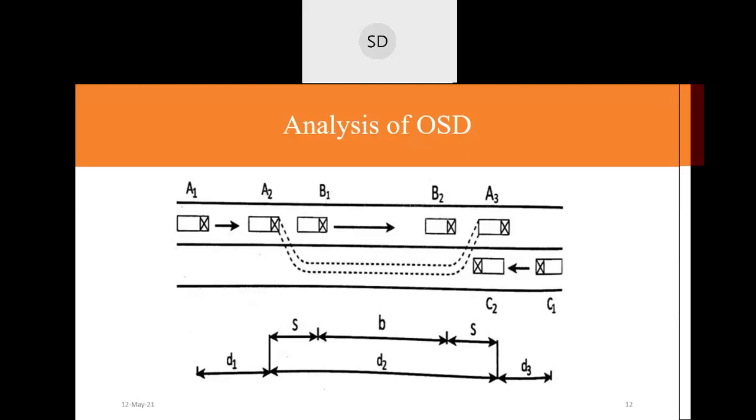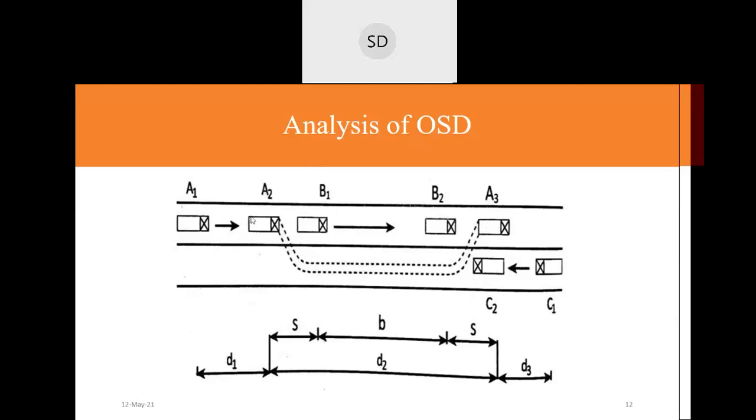He will perceive the speed of vehicle B and how much acceleration he has to provide so that he can easily and safely overtake vehicle B. Within that thinking process, he will simply follow vehicle B, reducing his speed to be equivalent to vehicle B. He will follow vehicle B for some time, within that reaction time. After that, vehicle A will accelerate, change its lane, overtake vehicle B, and again move to its original lane.